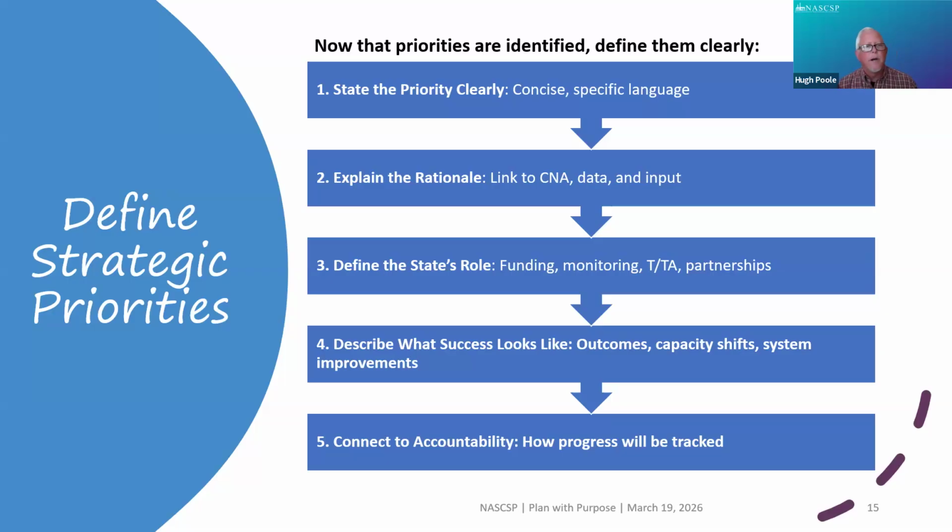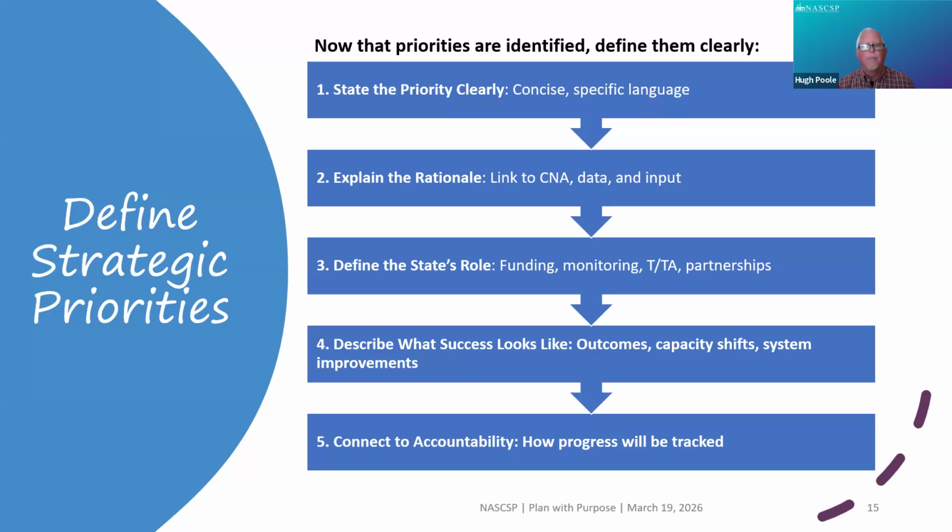They'll also define the state's role. What's the state office going to do differently? Will it be adjusting funding, targeting, monitoring, providing focused TNTA, right? Any of those things. Then it'll describe what success looks like, and identify the intended impact.